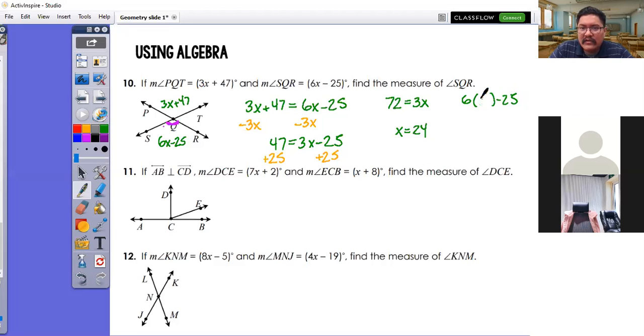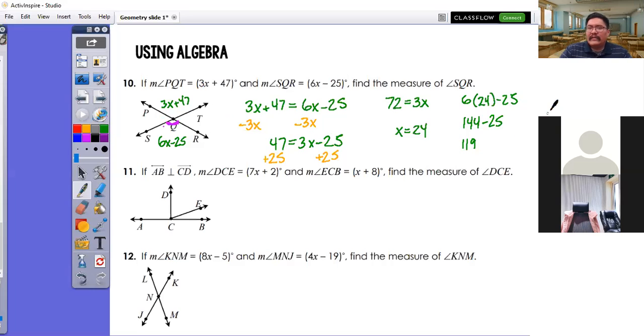So 6x minus 25, take out the x, plug in what we know x is, and we know it's 24. 6 times 24 is 144, minus 25. And that gives us 119, which, does that look like 119 degrees? Yeah, roughly. And again, you shouldn't trust the diagram, but in this case, it looks pretty close to what it should be.